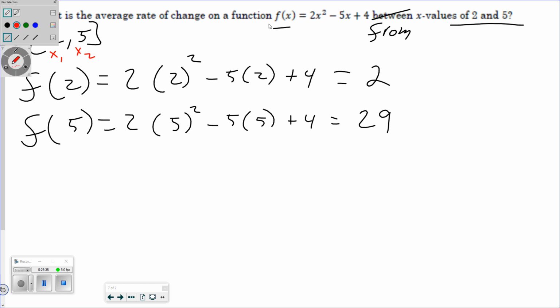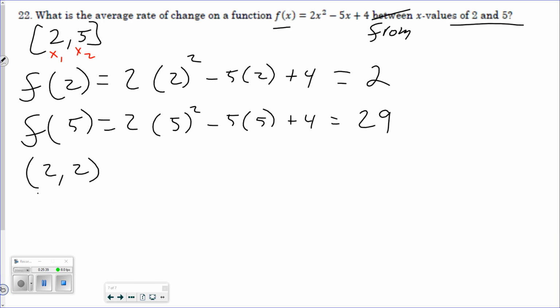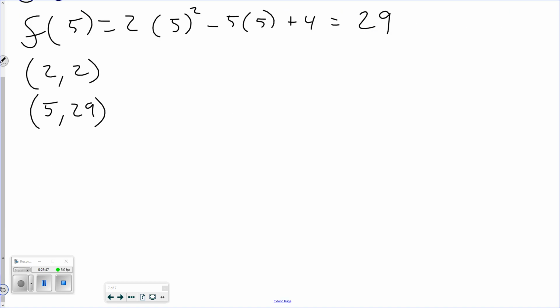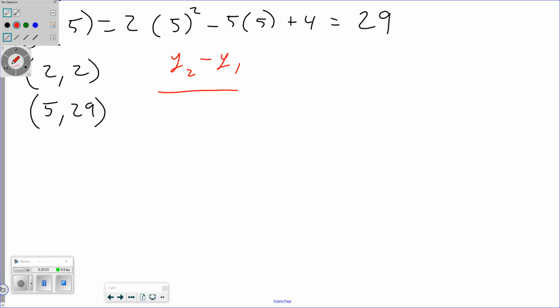So what I have now is the points (2, 2) and (5, 29). I have these points, x1, y1, x2, y2. All I need to do now is use the formula y2 minus y1 over x2 minus x1. Just plug them in. You get your answer.